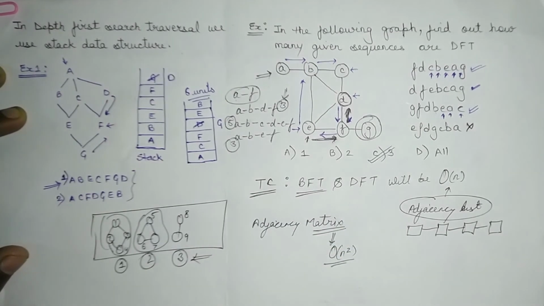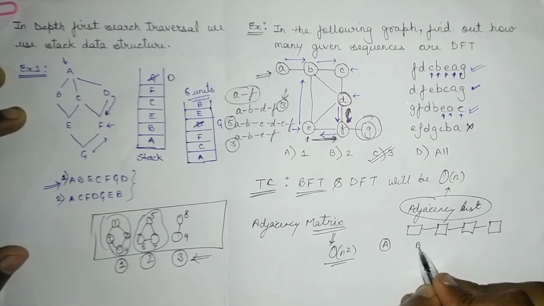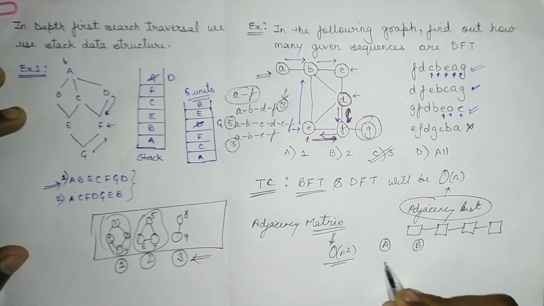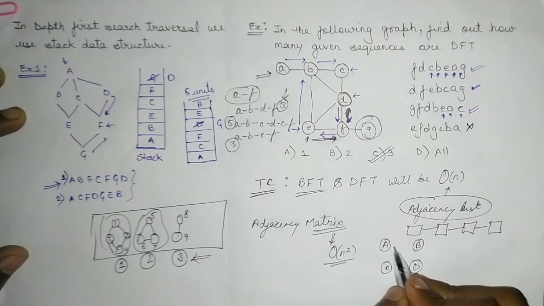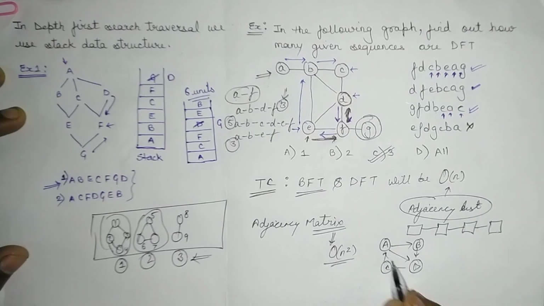But using DFT, you can find strongly or weakly connected components. How? Let's see. Let's say we have a graph with nodes A, B, C, D, and the connectivity is given like this.